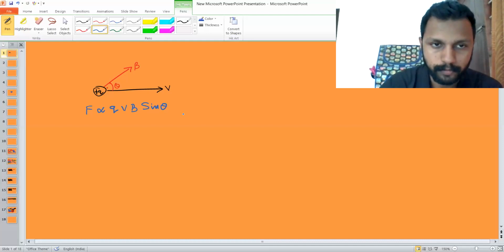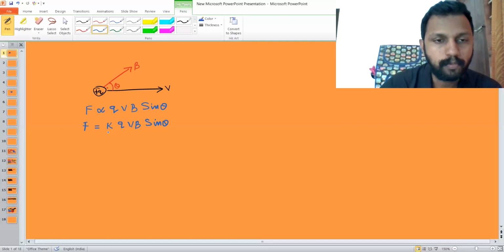Then we could write F is equal to a constant into QVB sine theta. This proportionality constant K is equal to 1. Therefore, we could write F is equal to QVB sine theta.